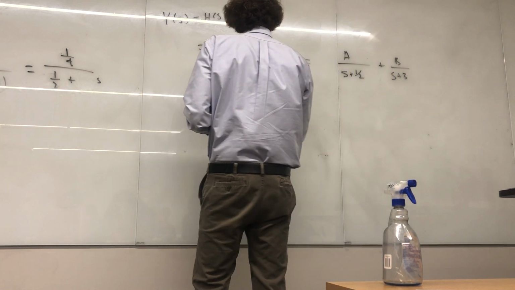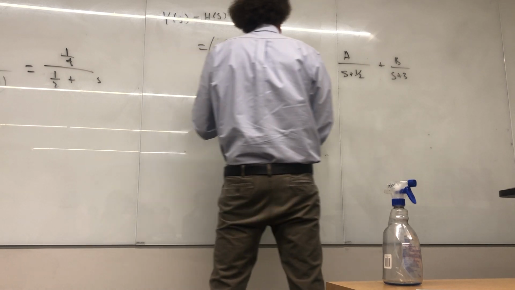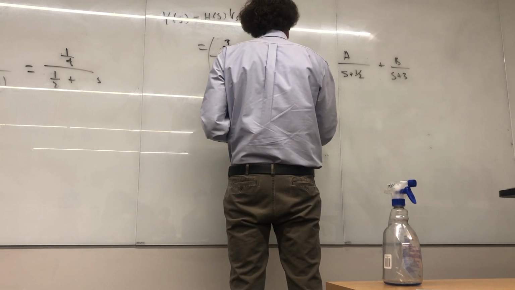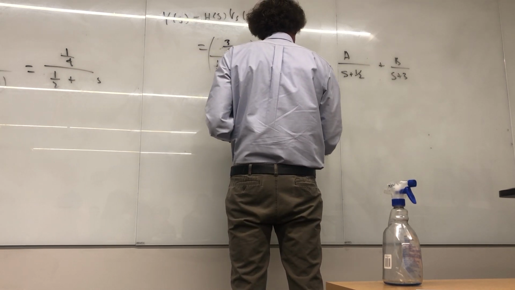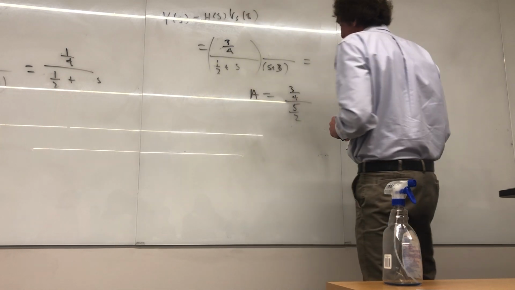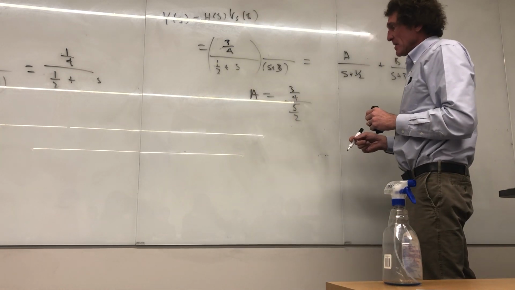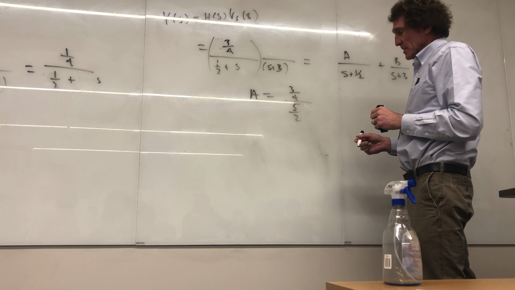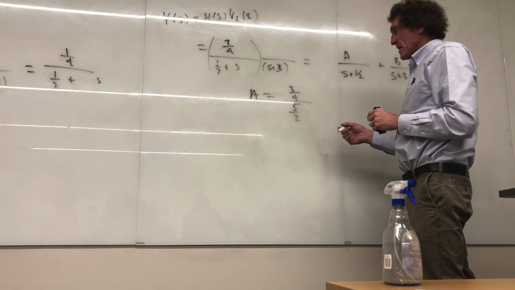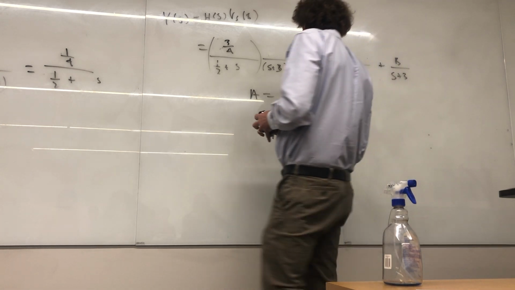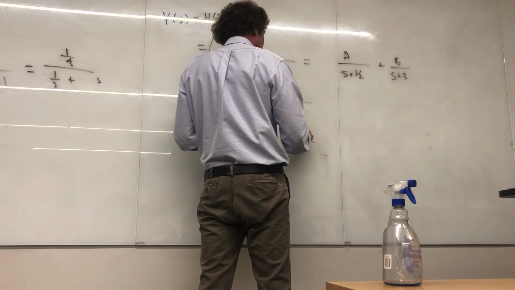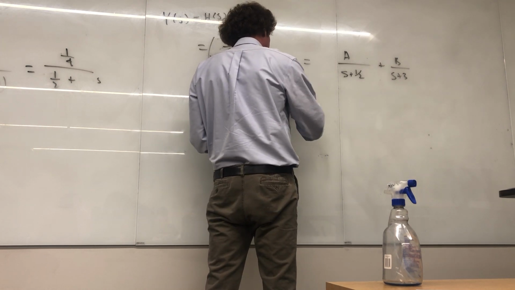So A is going to be 3/4 over 5/2. And I'm doing it on purpose this way.